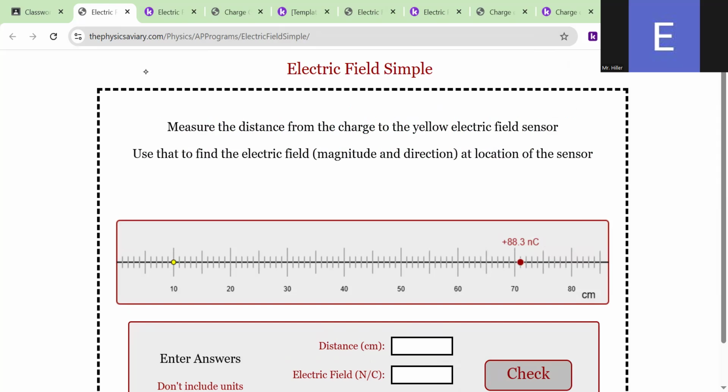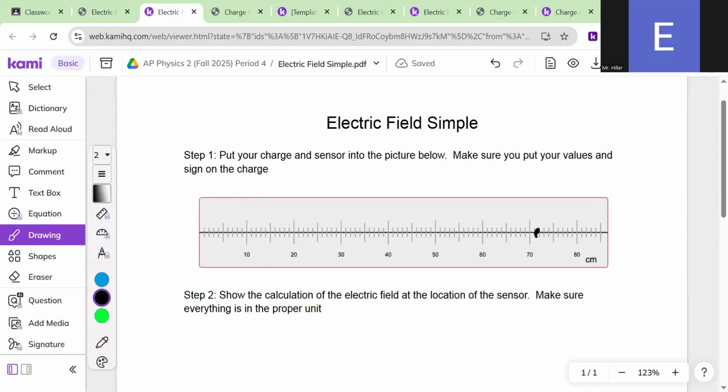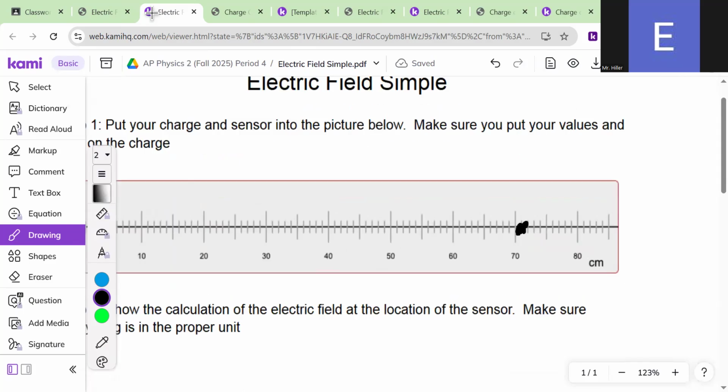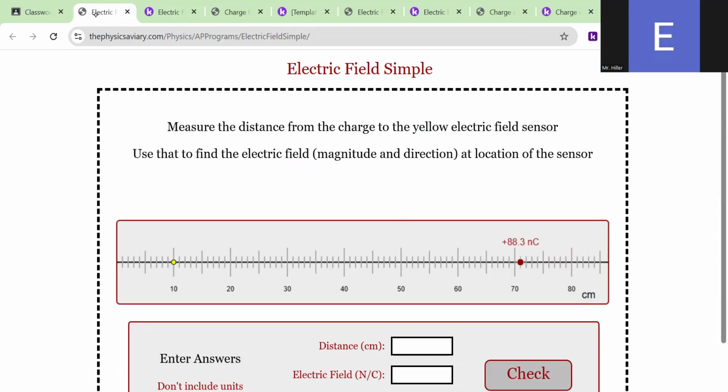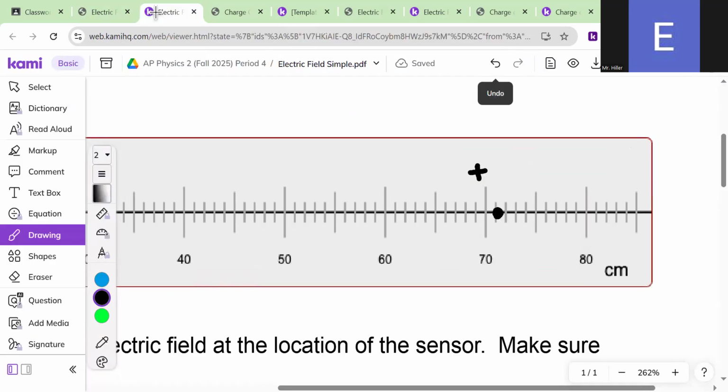All right, let's begin. So the first thing I'm going to do is map this on my picture. So at 71, I'm going to make a dot. And I have a positive 88.3. Now, I know that electric fields radiate out in all directions, like this.